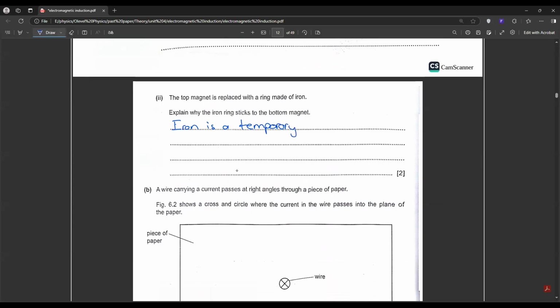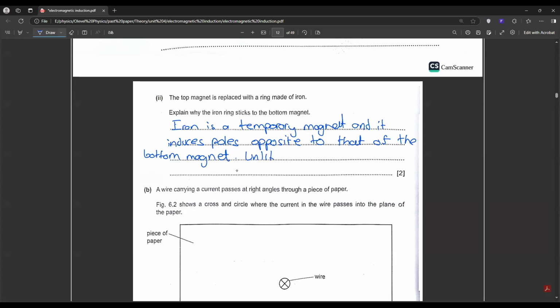Iron is a temporary magnet, and it induces poles opposite to that of the bottom magnet. And if iron induces poles that are opposite to that of the bottom magnet, what will happen?